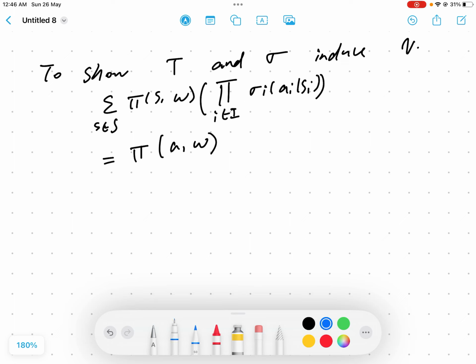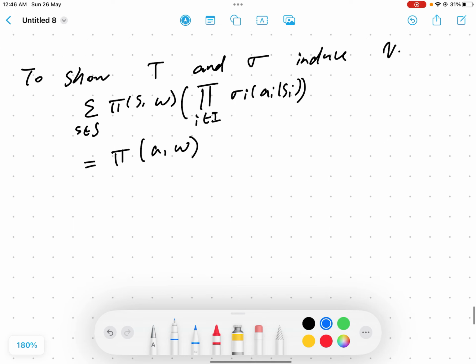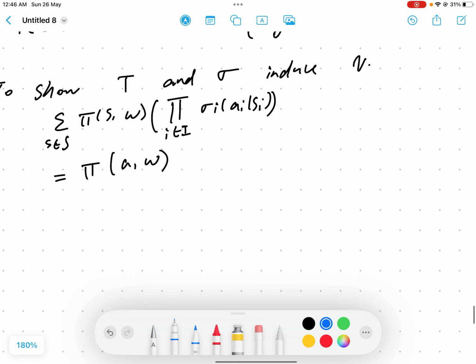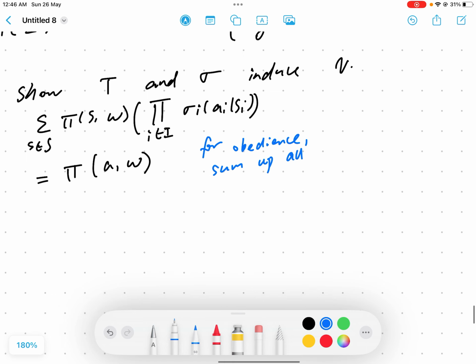Let's write some notes here for the obedience. And we sum up all those pi given positive probability of those sigmas, right?